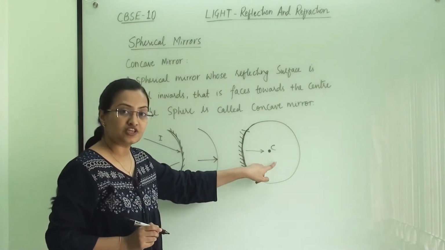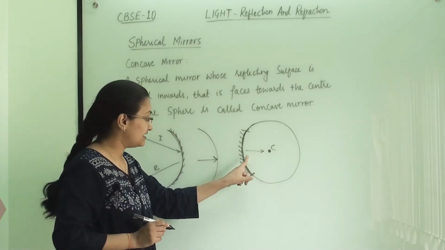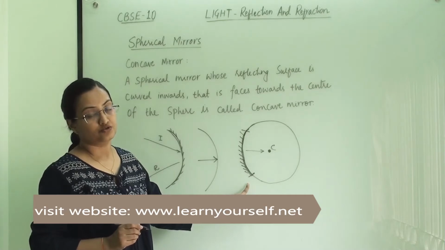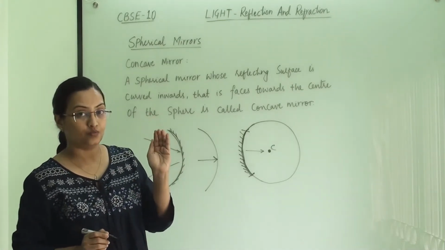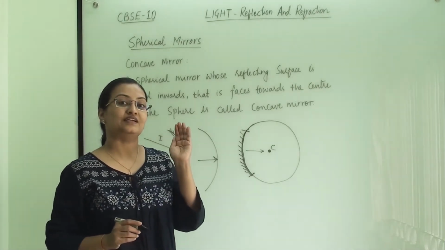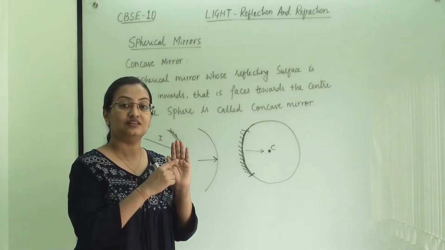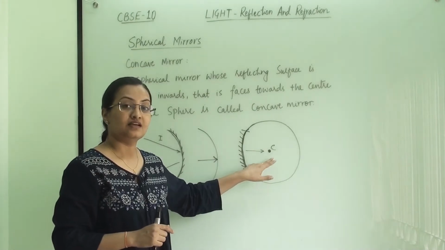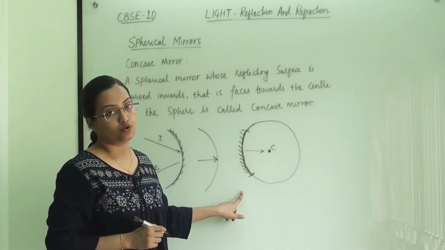So the surface which bends inward, when we put it into a sphere, that bending surface should face the center of the sphere. That mirror is known as a concave mirror.